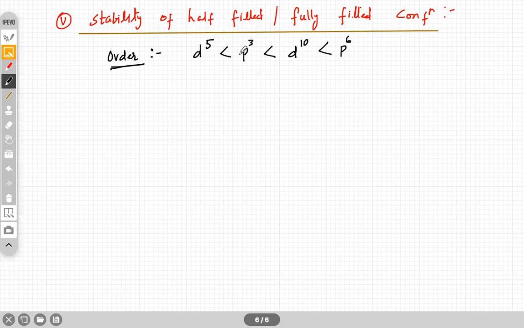Why does P have more than D, both half shell? Because we know P has more penetrating power, right? Order we have seen. P fully filled has more than D. Again, P has more penetrating power. D10 configuration is slightly more stable than P3, and hence the order is this.